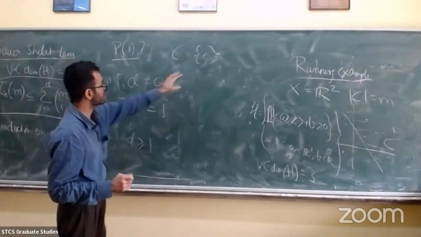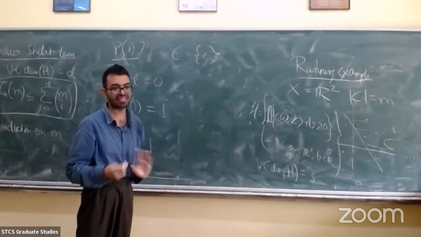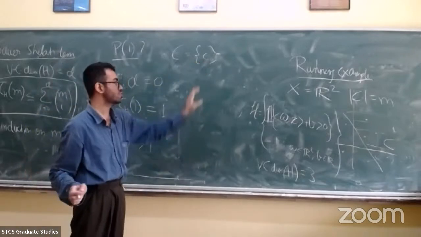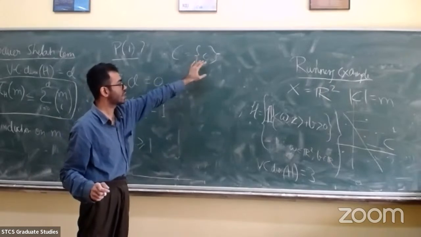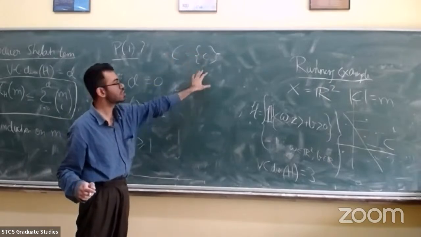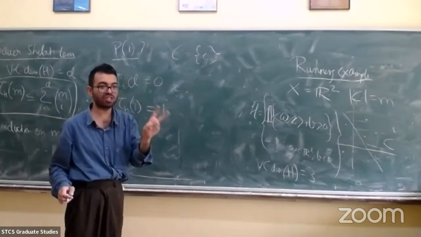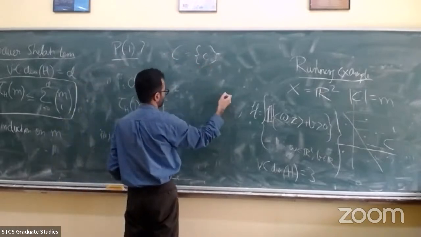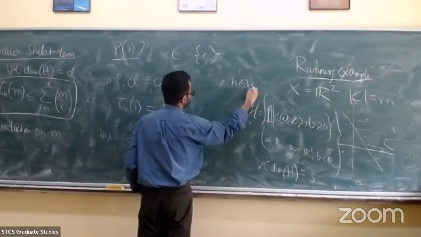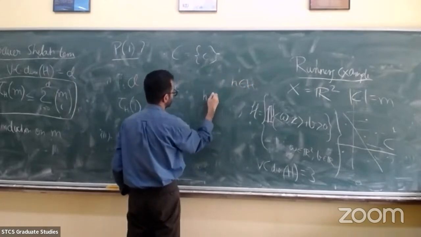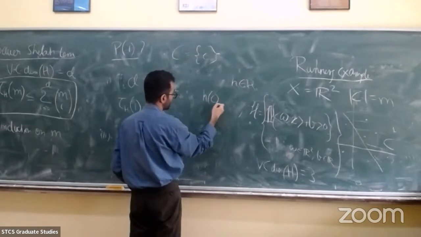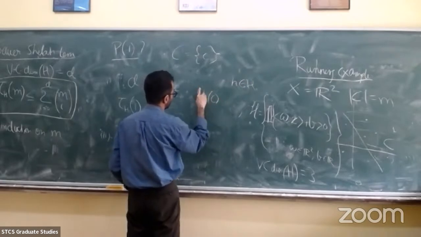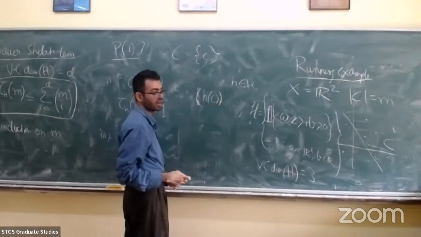If I apply that function on C, I will get some label. So some labeling vector can be produced, but it cannot produce both the vectors. Let's take any h in H, and you have this single length vector h(c), no matter what C is.